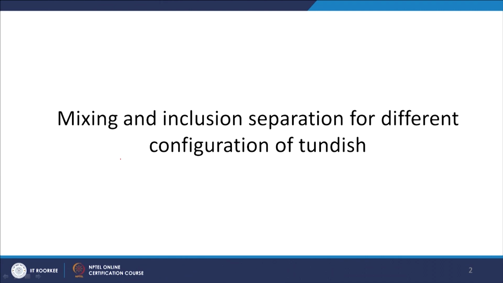So, we talked about the mixing as well as the inclusion separation processes, which are among the important duties performed by the Tundish, but here we are going to have the discussion on those aspects for different configurations of Tundish.